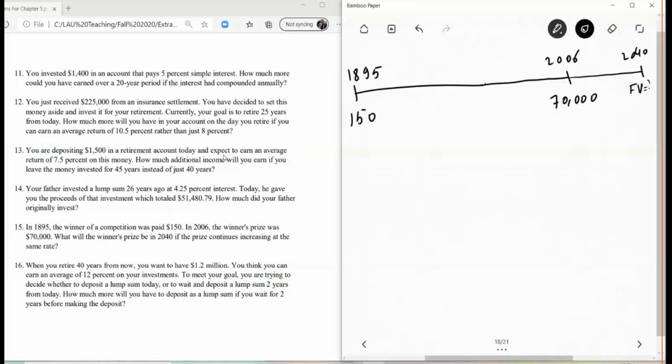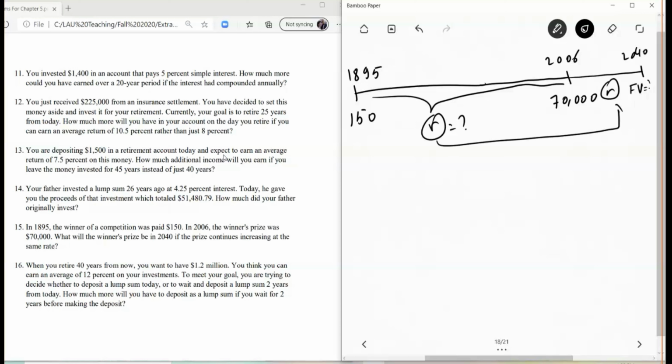So in order to find the value in year 2040, the first thing that I need to find is the rate of increase in the value of the prize from 1895 till 2006. So I need to determine R over this period. Once I compute that R, I can use it here because in the given I have that the prize is increasing at exactly the same rate.